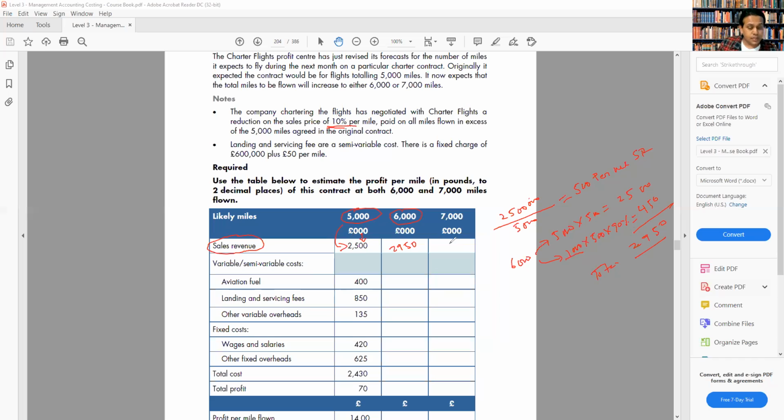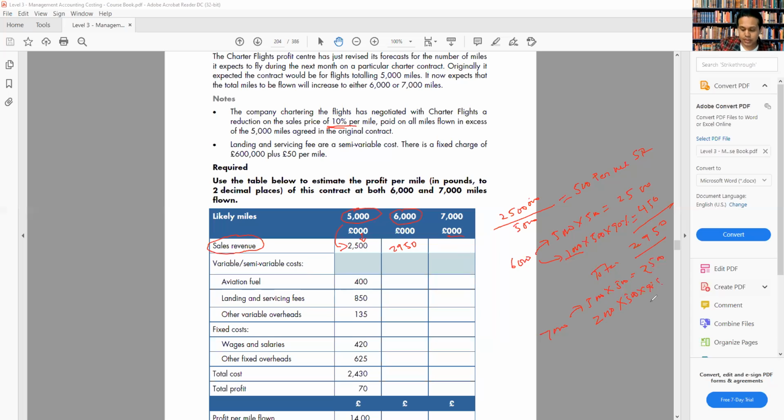All right, the next one we do the same way. 7000. So 5000 is the same, so 5000 times 500 gives me 2500. I'm not taking the 30, because the 30 is at the top, that means I don't have to write this. And for another 2000 mile, I have 500 times 90%, and that will tell me exactly how much that will be.